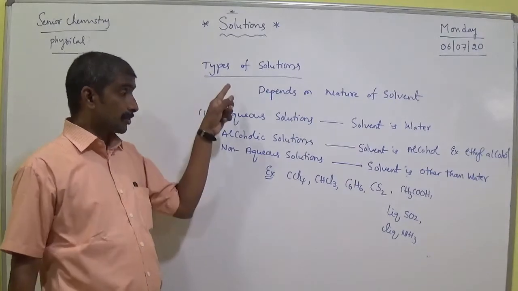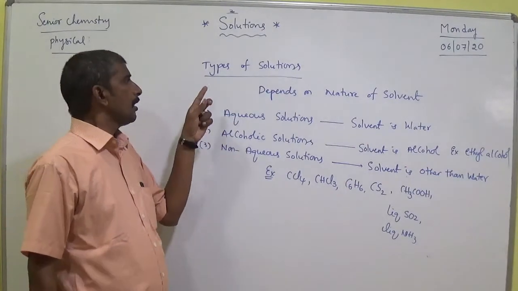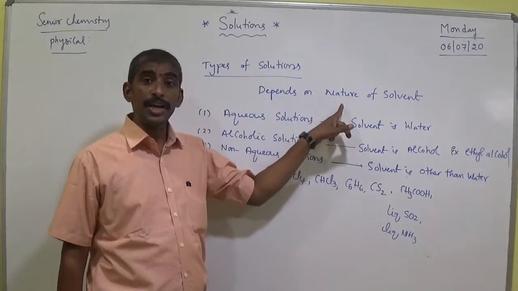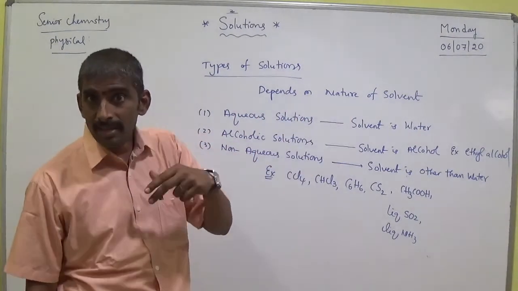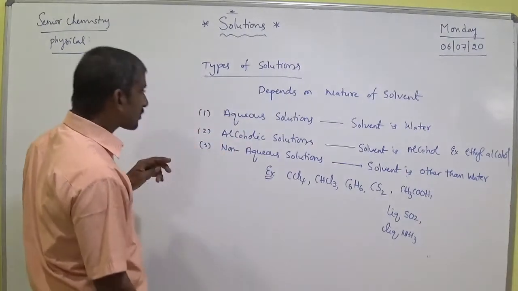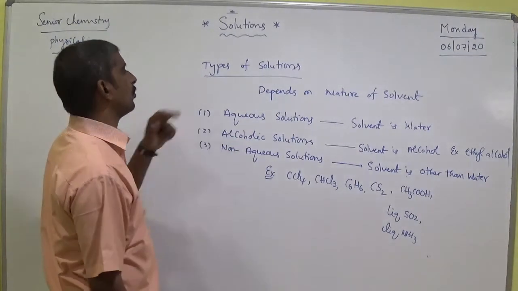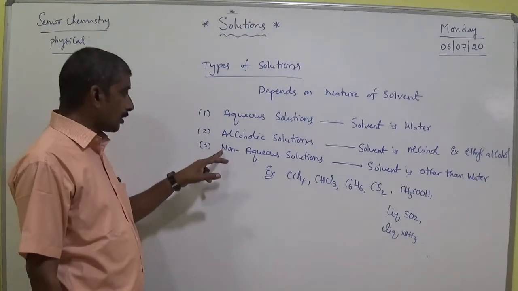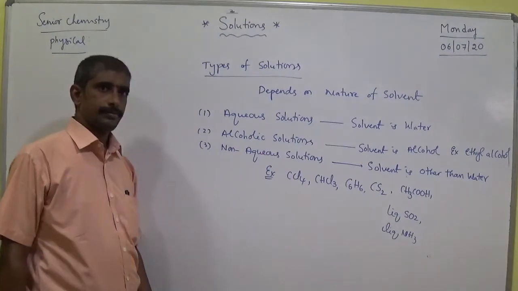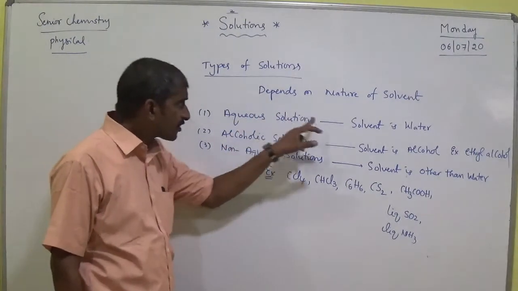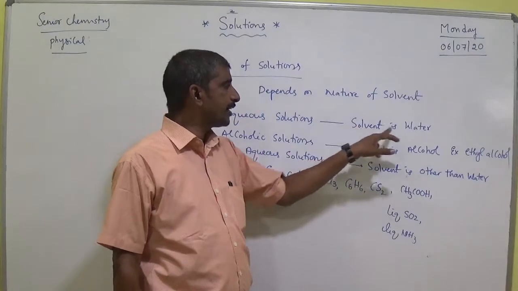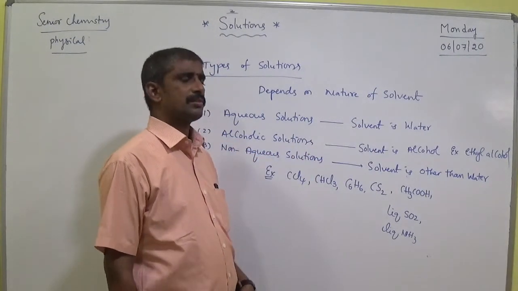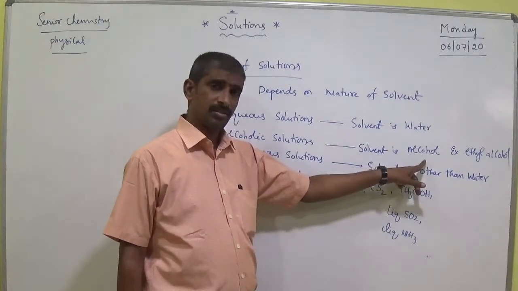So types of solution, once again. Solutions can be classified into three types depending on the nature of solvent: aqueous solutions, alcoholic solutions, non-aqueous solutions. In aqueous solutions, the solvent is water. In alcoholic solutions, the solvent is alcohol.